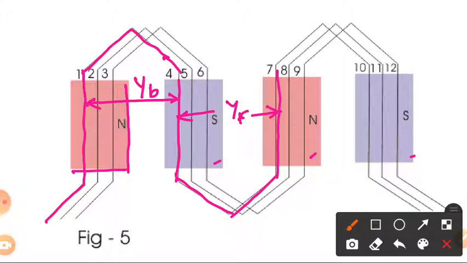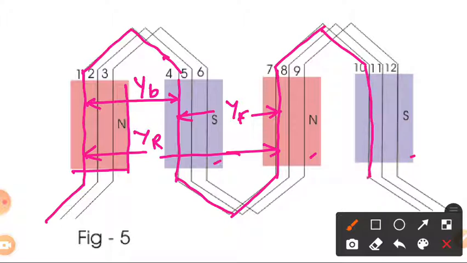And this is YR, the resultant pitch, the distance between the starting ends of the two coils. Now this is connected by a back pitch to another south pole, and then to the next coil.